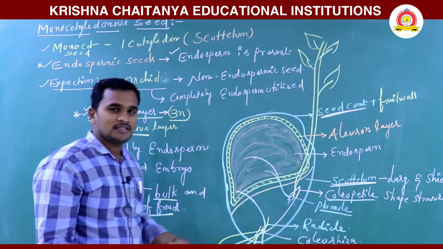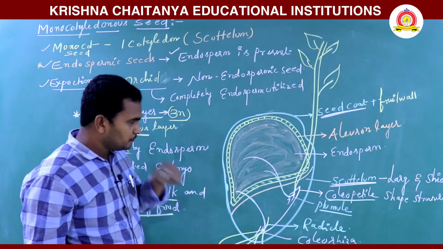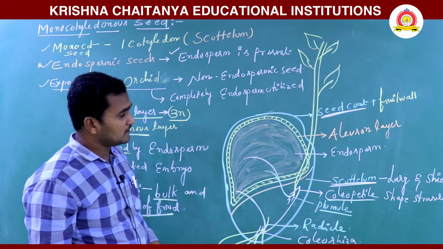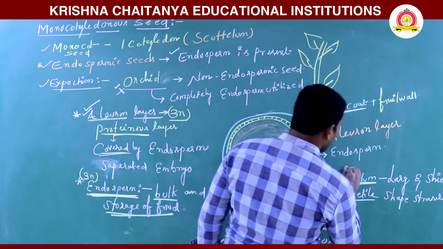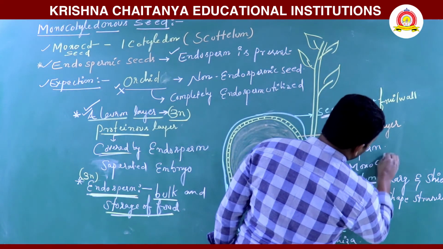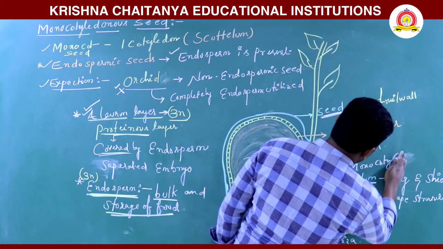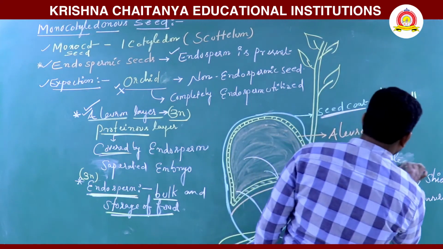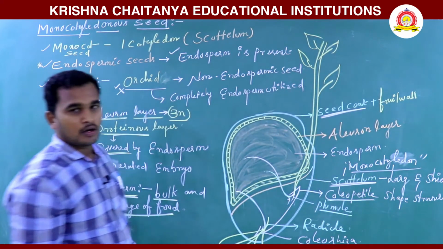The scutellum is large and shield-shaped, situated at one end of the embryo. The scutellum is the single cotyledon of the monocot.